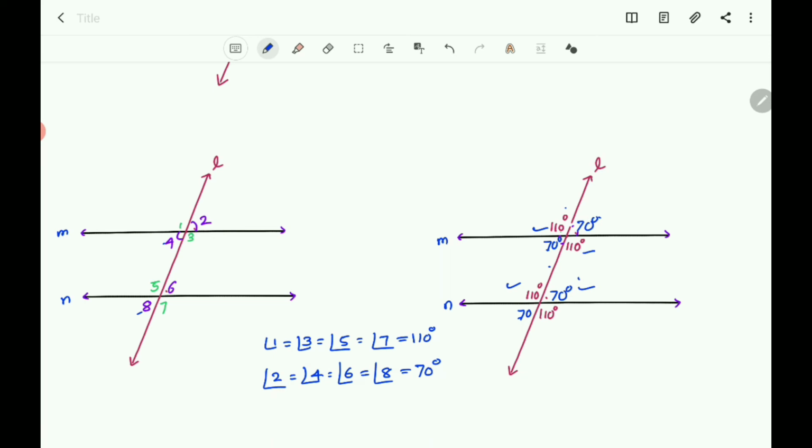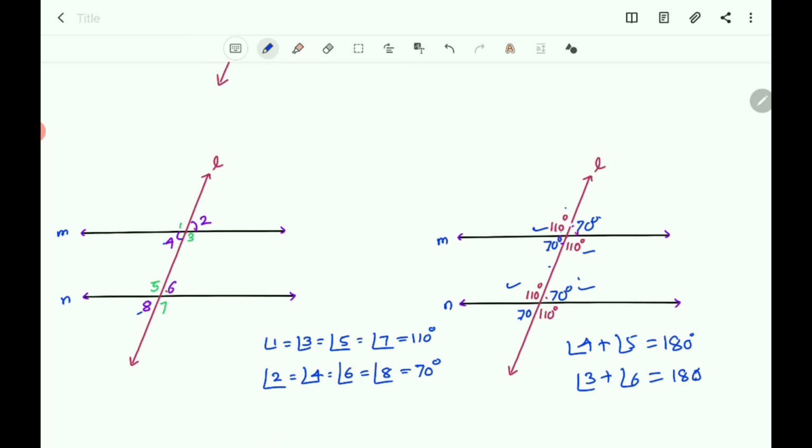So here you get angle 4 plus angle 5, which are the interior angles on the same side of the transversal. Their sum is 180 degrees. And also angle 3 plus angle 6, that is the other pair of interior angles on the same side of the transversal. Their sum is also 110 plus 70, that is also 180 degrees.